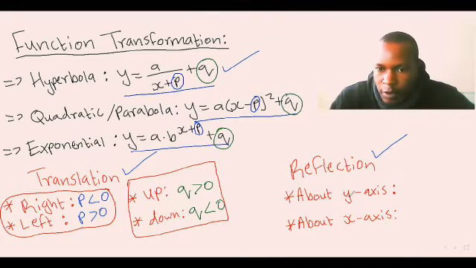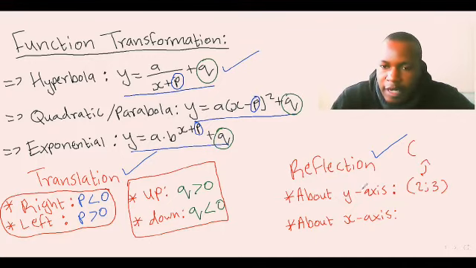What this means is if you have the point (2; 3) over there, a reflection about the y-axis only changes the sign of the x value. So it means that the reflected function would have a negative x value.